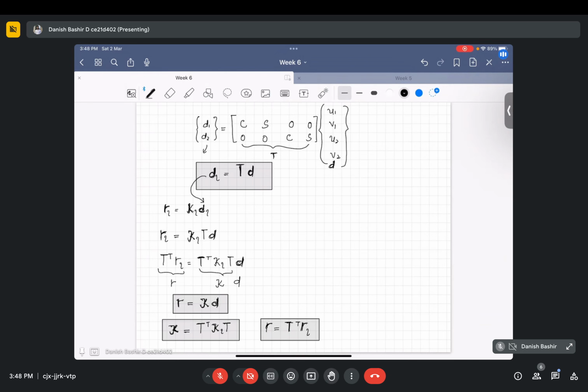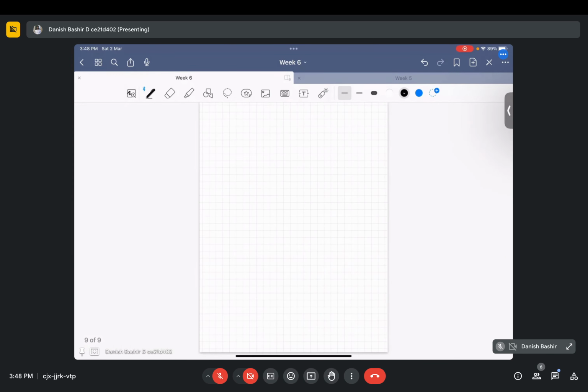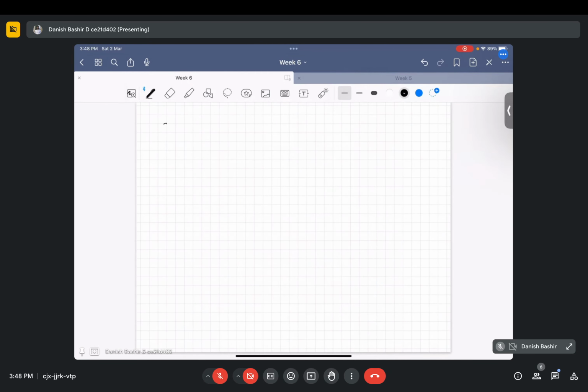When we evaluate this K, you have to write it like this. Let me write it for you so that you don't have any confusion. K is equal to T transpose.